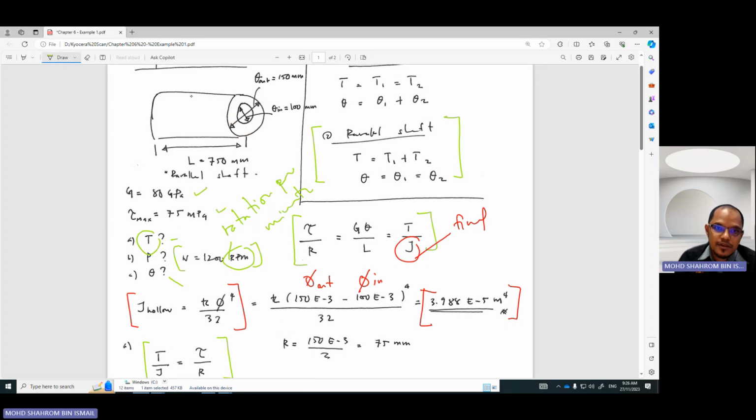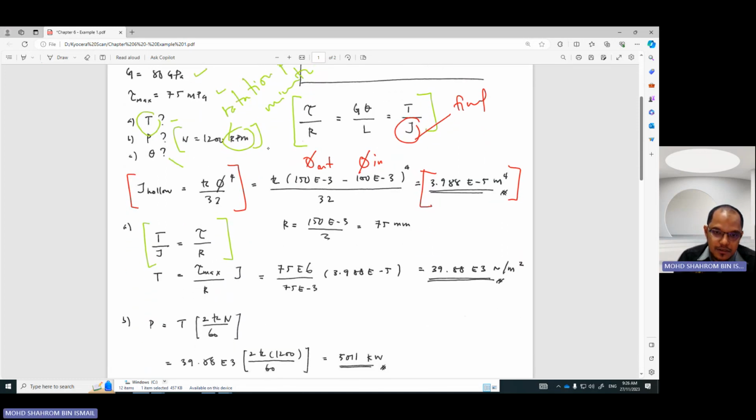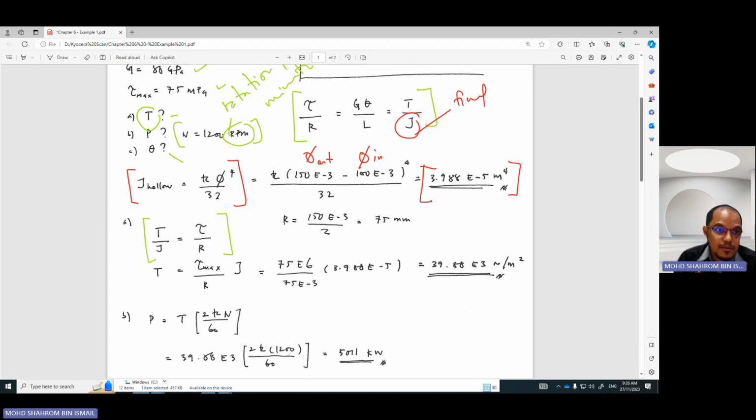The maximum radius is T out here, 150 millimeter. That is the maximum radius. No, that's the maximum diameter. In order to get the radius, you have to divide it by 2. Diameter over 2 is equivalent to radius.